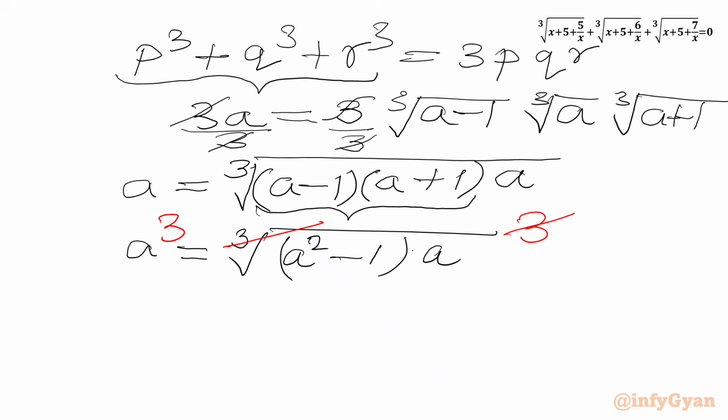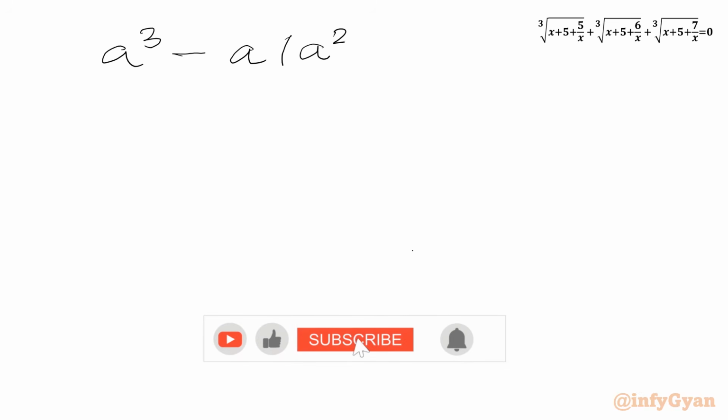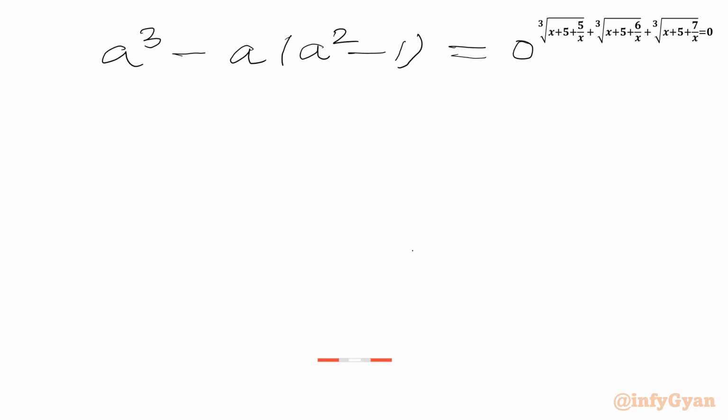We will get a cube equal to a times a square minus 1. Now we will write all the terms to one side. We will get a cube minus a times a square minus 1 equal to 0.